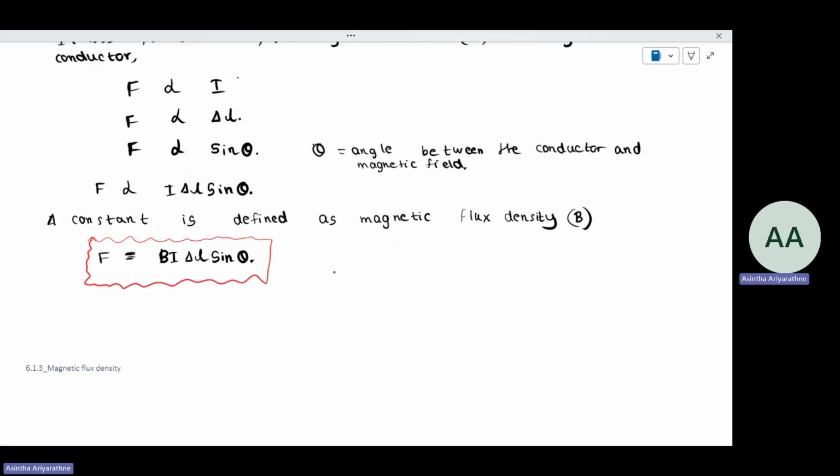So F is the magnetic force. B is the magnetic flux density.